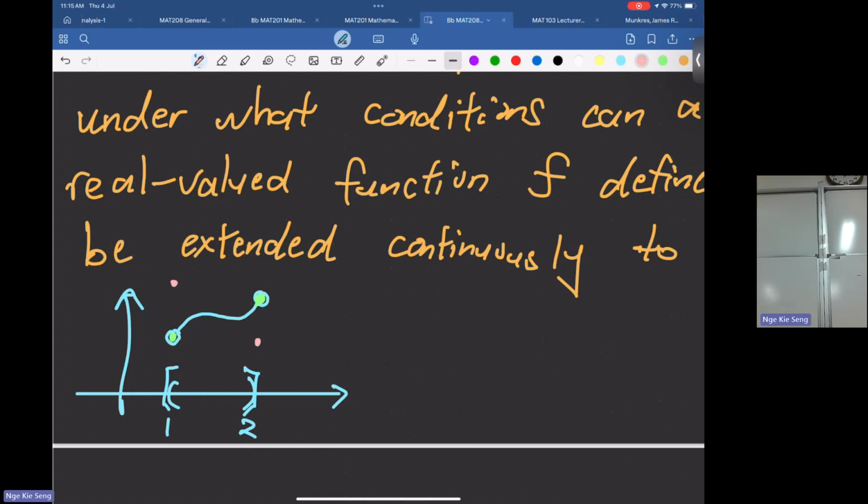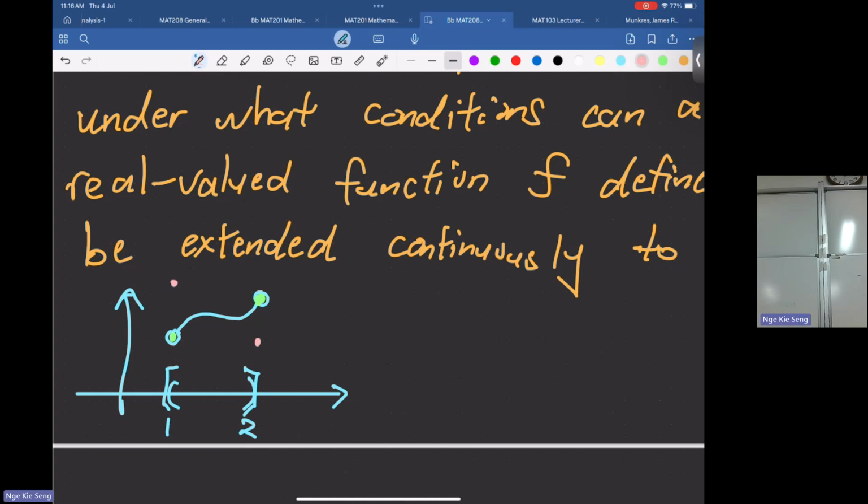For example, in this case, what's the difference between the open and closed intervals? You are missing two points. So you just need to tell me at x equal to 1, what's the value of f? At x equal to 2, what is the value of f? That's all. You just fill them in.